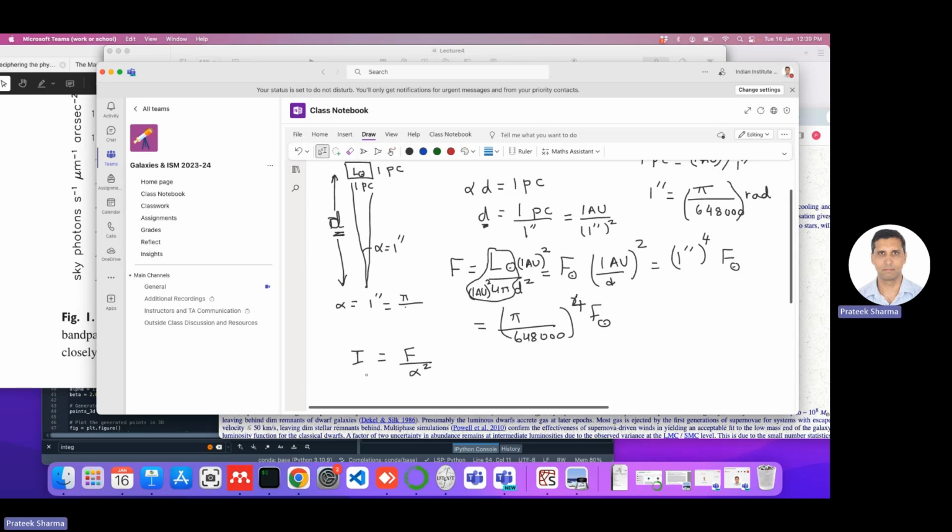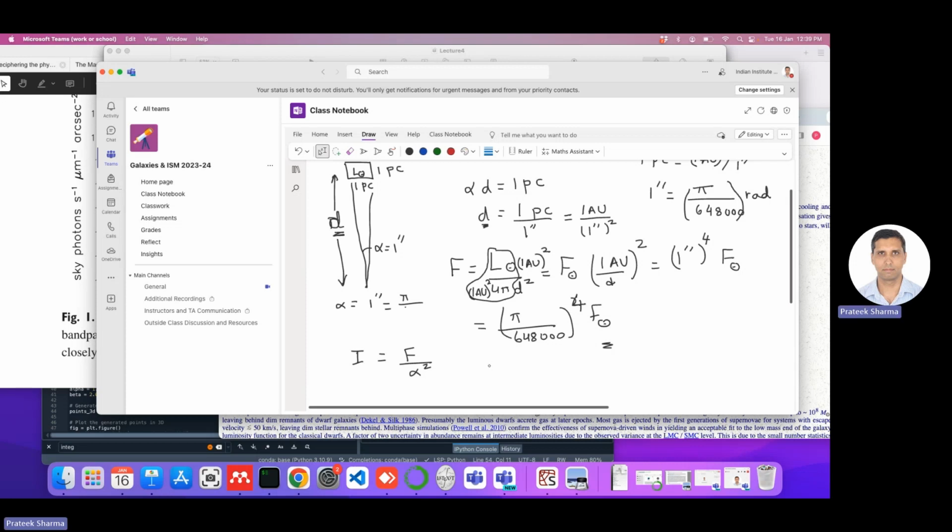Okay, so intensity is flux by alpha squared. The surface brightness in magnitude per arcsecond squared is equal to the flux corresponding to this.